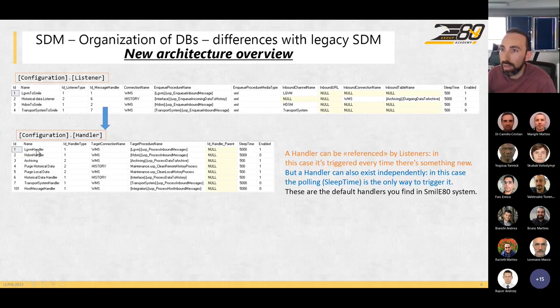These are the predefined handlers that you have in the Smile80 system. For example, LGV Manager, enabled by default, SDSM not enabled, and some other procedures that you will see in next modules of SDM. An important one is the host message handler.